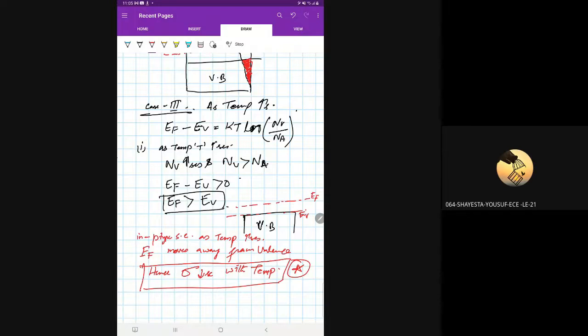But as temperature increases, the Fermi energy will always try to move towards the center, and in that process sigma will always be decreasing.